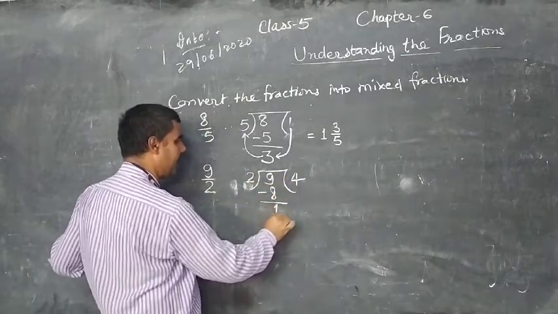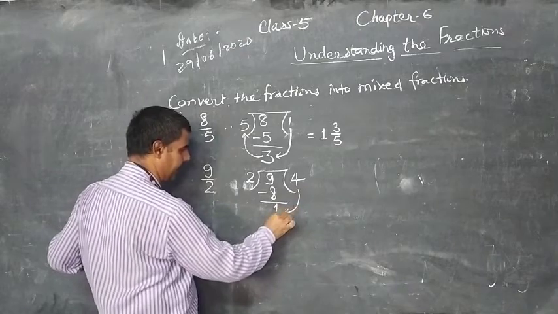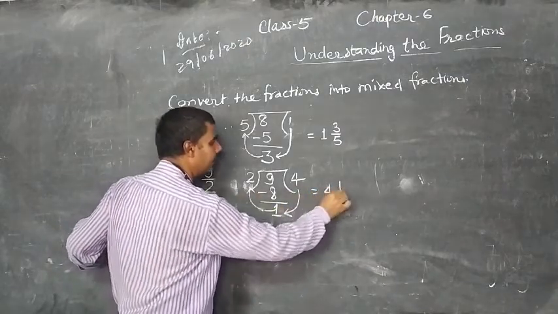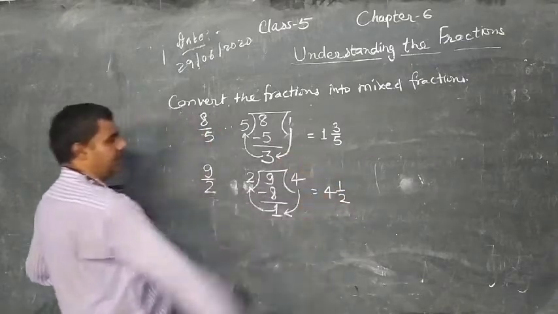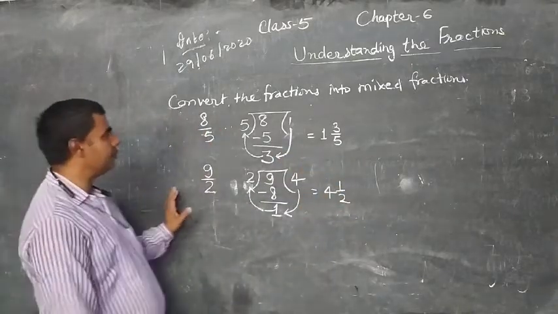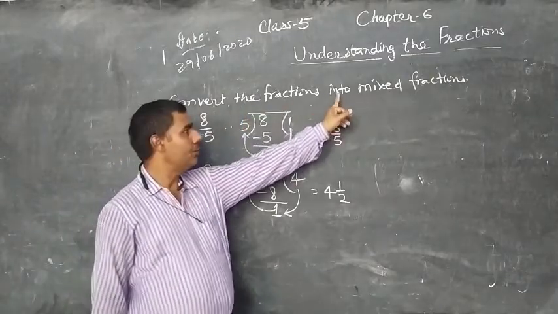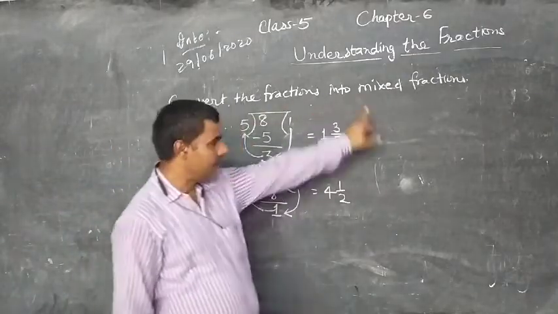Denominator is 1. Then we can write it 4 and 1 by 2. Yes, this is the process of the conversion into mixed fraction.